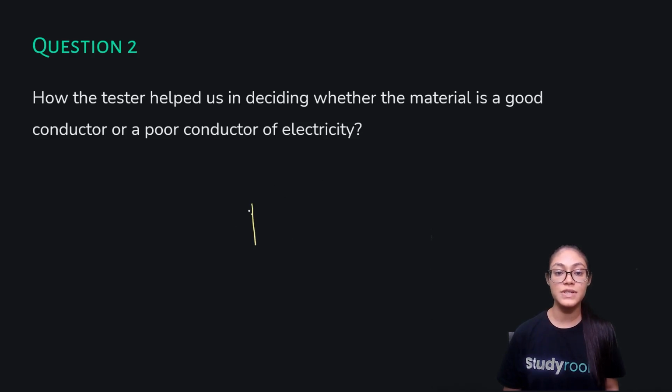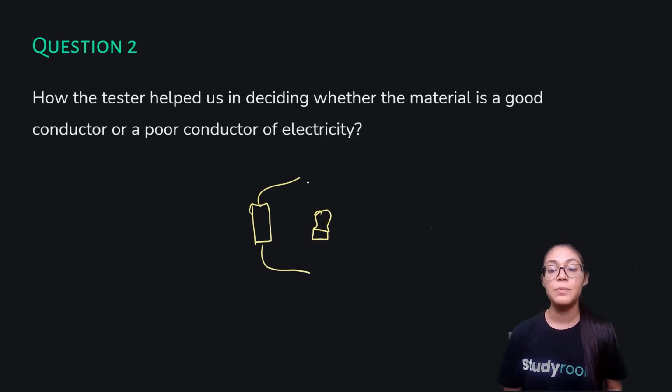Suppose this is a tester and these are the two ends of it. And suppose a bulb is glowing here. Now, if we place a material in between, and if the bulb glows, then we say that it's a good conductor of electricity. And if the bulb doesn't glow, it is a poor conductor of electricity. Correct?